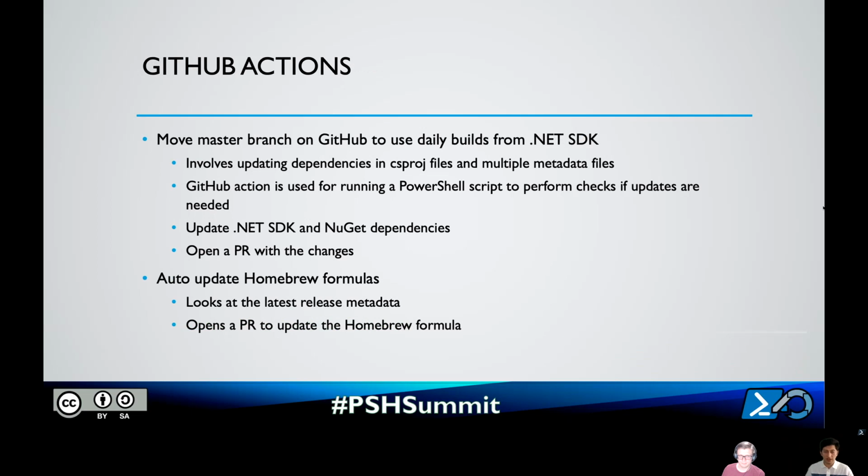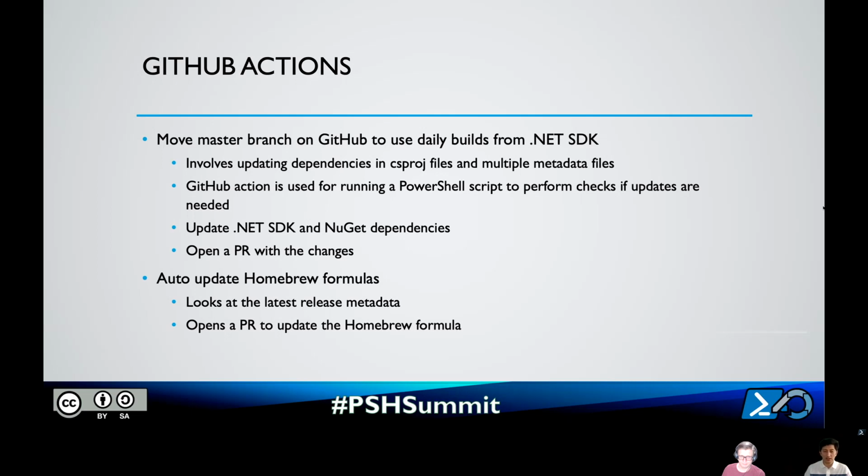We also use GitHub Actions for making some changes directly on GitHub repositories, like checking whether a new .NET SDK is available. So we have a GitHub action which runs daily, which calls a PowerShell script, which checks if there's a new .NET SDK available. If it is available, it updates all the CSProj files, all the metadata files, and the packaging files needed for consuming that new release, and then opens a PR against the master branch.